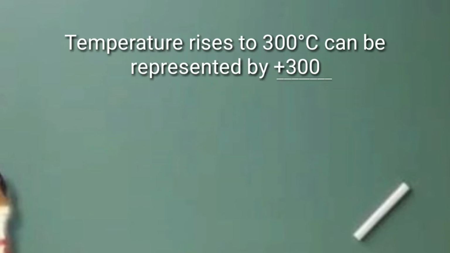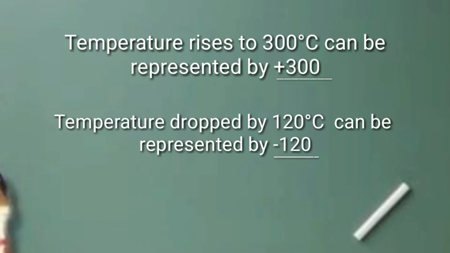Solution. Temperature rises to 300 degrees Celsius can be represented by positive 300. Temperature dropped by 120 degrees Celsius can be represented by negative 120.